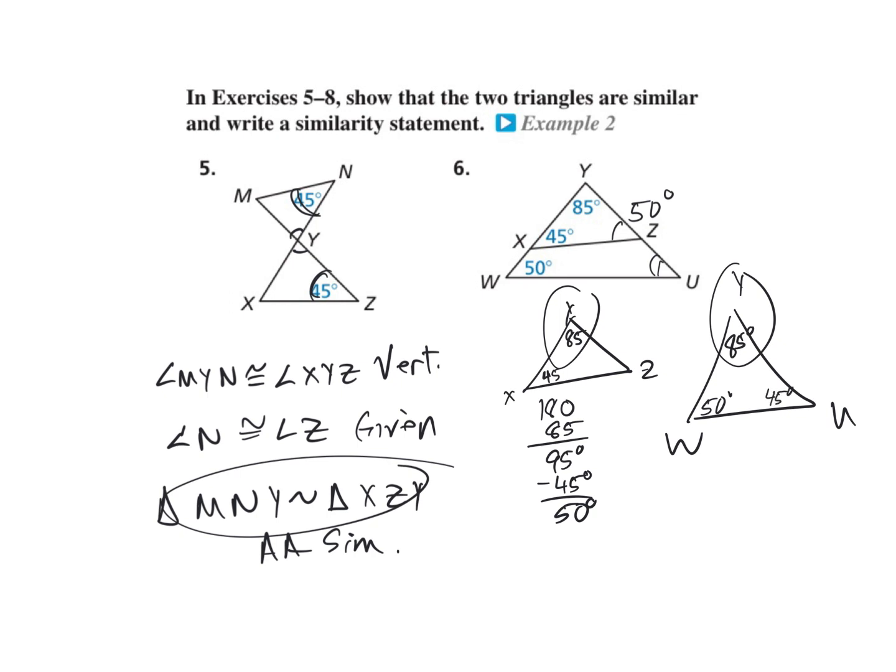All right, so they're flip-flopped from each other. So triangle XYZ is similar to triangle. X is 45 degrees, it goes with angle U, and Y is 85, so Y goes in the middle, and Z is 50 degrees in the small one, so that's W in the bigger one.